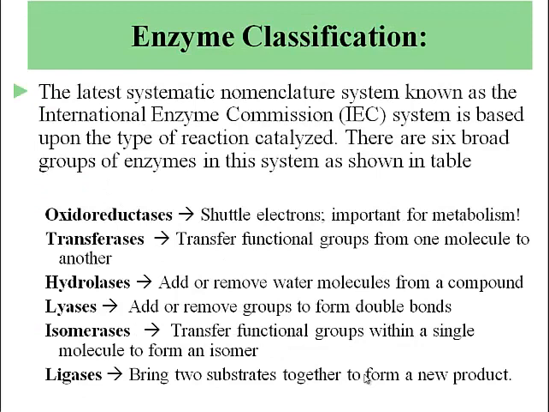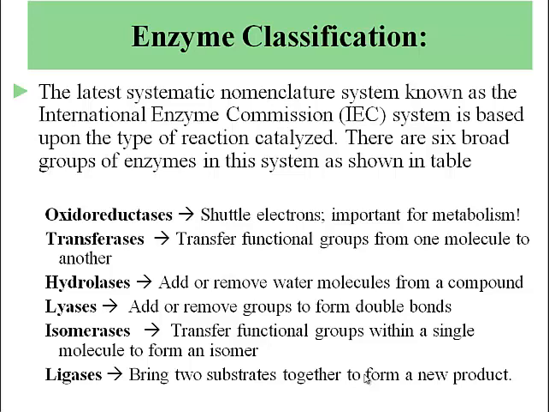Overall, our latest systematic nomenclature system is known as the International Enzyme Commission System, or the IEC, and it is based upon the type of reaction that's being catalyzed. There are 6 broad groups of enzymes within this system that are shown in this table.